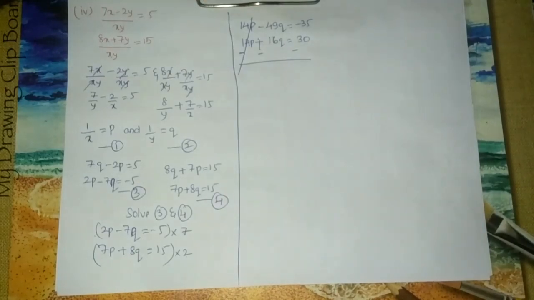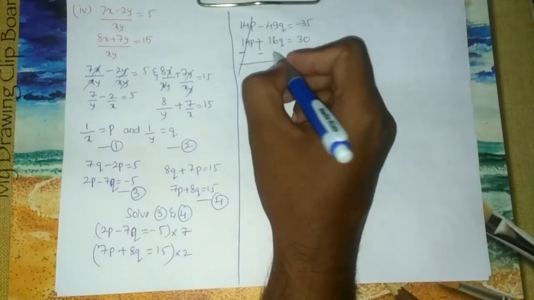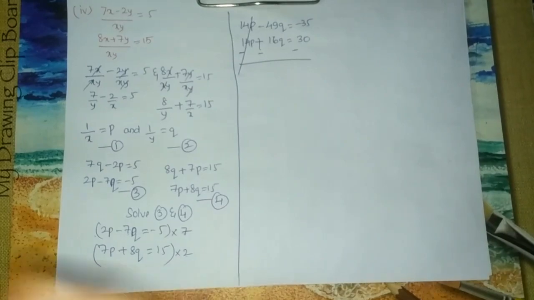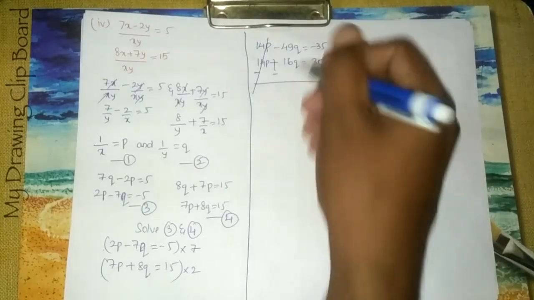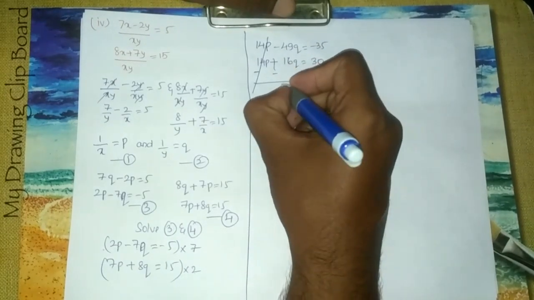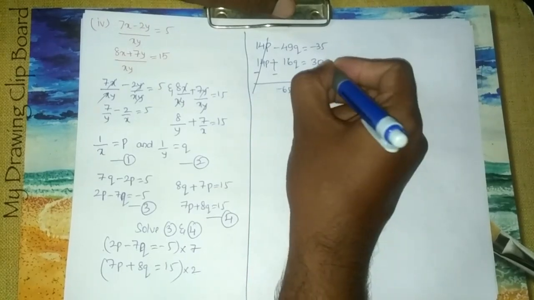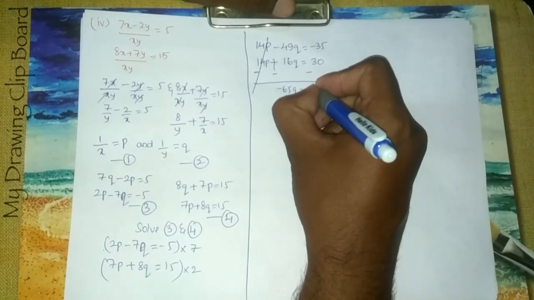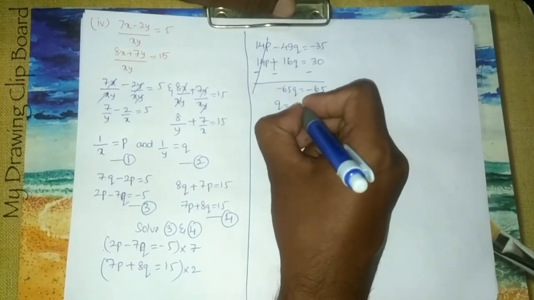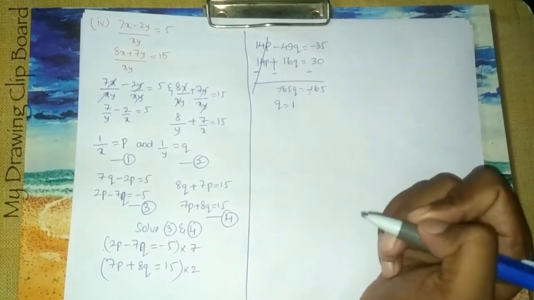Minus 49 minus 16 is minus 65q equals minus 30 minus 35, which is minus 65, or q equals 1. Minus minus will get cancelled and 65 on the 65.